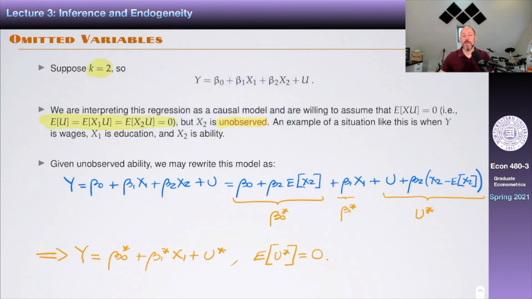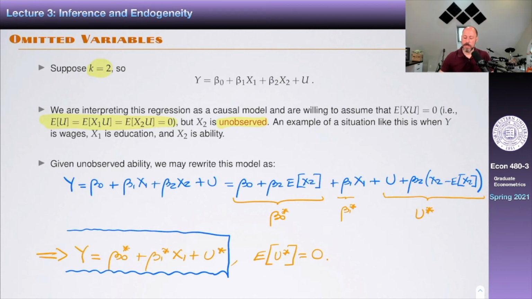So what I did was rewrite the equation so that we can see exactly what we would be doing if we only have information on y and x1, and we just run a regression of y on x1. Beta 1, the coefficient multiplying x1, doesn't change. That seems to be good news.